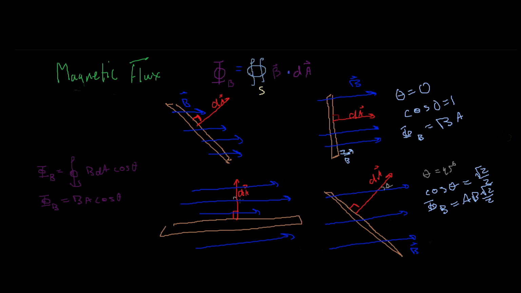So if the magnetic field vectors are still going horizontally to the right, then they're also forming this perpendicular angle between the dA vector and the magnetic vector field. So theta equals 90 degrees, and the cosine of that is just 0. So there is no magnetic flux.